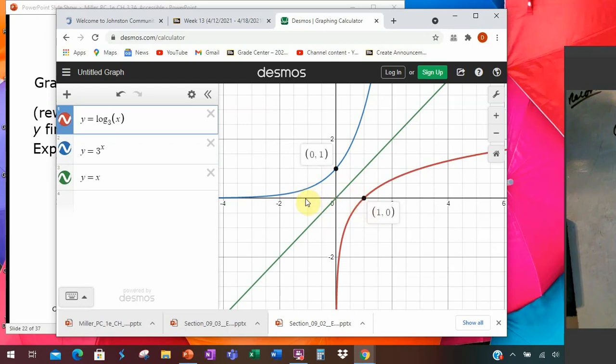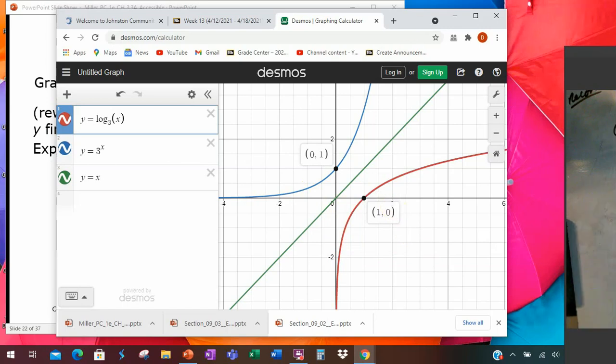If I do the negative 1, 1/3, it's hard to get it right in here, (1/3, negative 1). So once this is here, that's the negative 1. Okay, so they're inverses of each other.